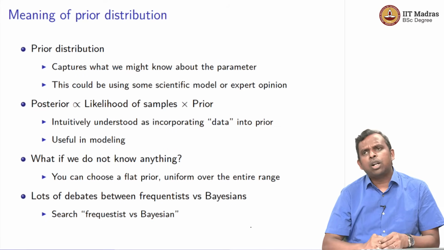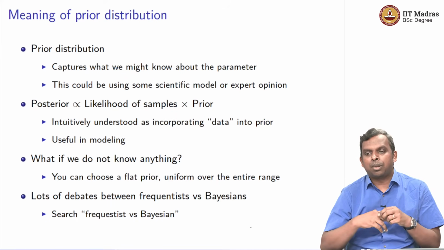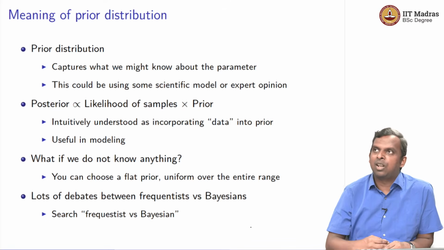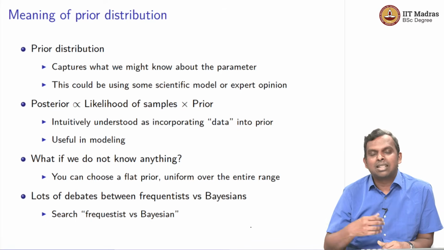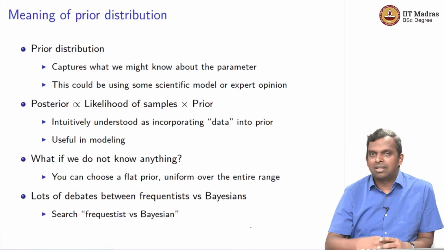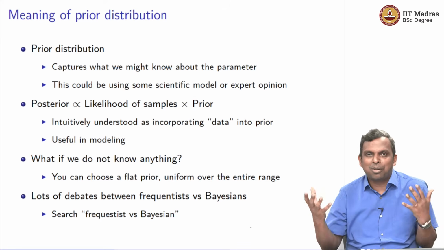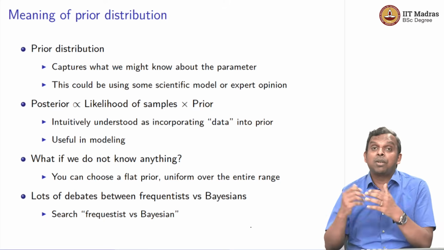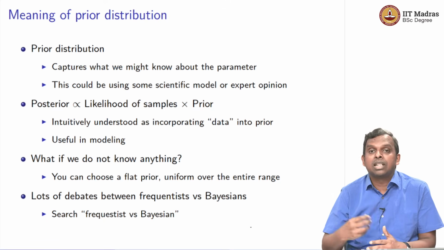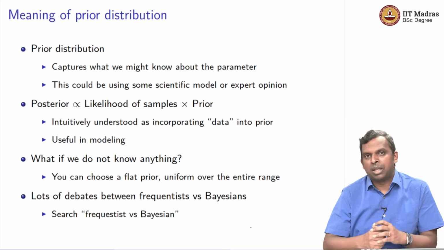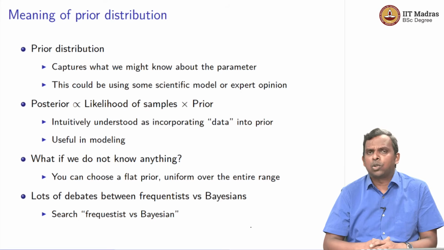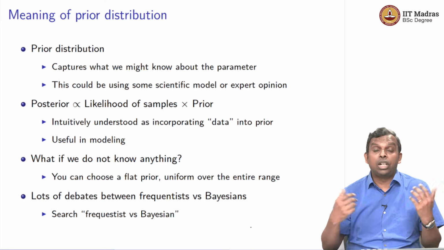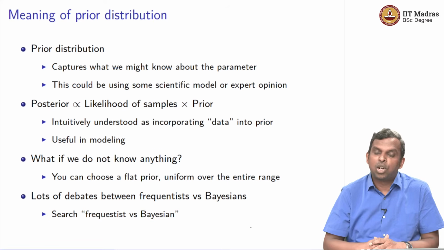Or the parameter may be something scientific, like the temperature of a day, or resistance, or voltage, some engineering, technological, scientific quantity which is constrained by physical laws. So based on the physical laws, you may be able to say something about the prior distribution. That also is possible. So the prior distribution can be informed by domain knowledge, scientific models, and other things.